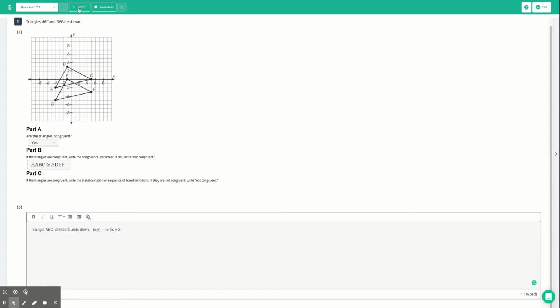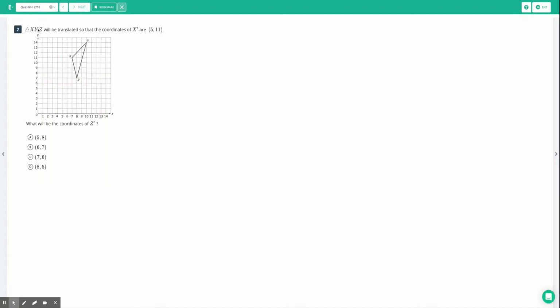So let's move on to number 2. Number 2 says triangle XYZ will be translated so that the coordinates of X prime are 5, 11. What will the coordinates of Z prime be? Here is Z, and let's check out what happens to X. If X becomes 5, 11, we move left 1, 2 spaces, and that's it.